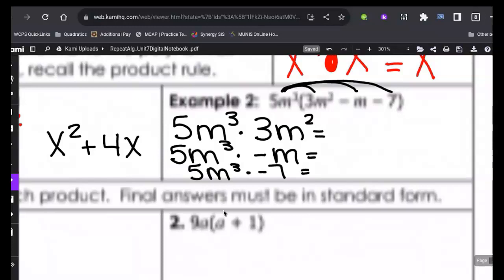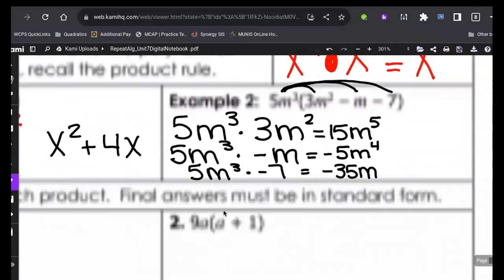So we'll just figure out each term, and then we'll put it all together. So we do 5 times 3, which is 15. And then we add the exponent. So 3 plus 2 is 5. So then we multiply 5 times negative 1, which gives me negative 5m. And then we add the exponents. Here's 3 m's with another m. So that's a total of 4 m's. And then last we do 5 times negative 7, which is negative 35.